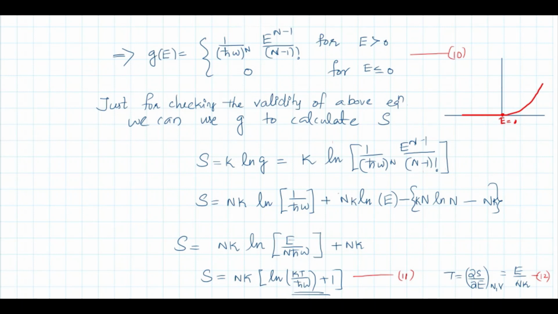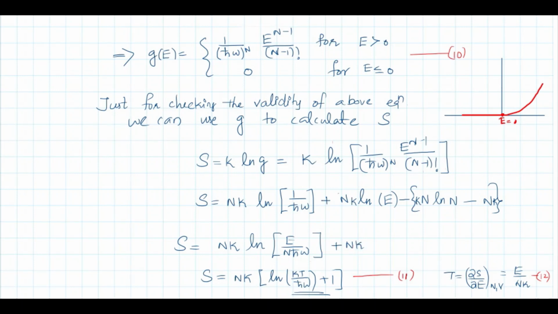So solving this, nk log, here you have an E, here you have a 1 by h cut omega, so that becomes nk log E by h cut omega, and here there is an n, so that will come to the denominator. So that is nk log E by n h cut omega plus nk.